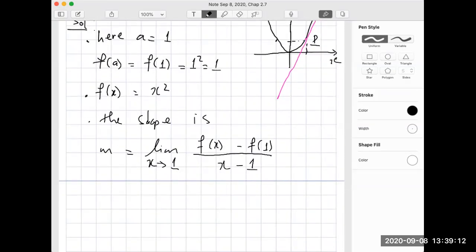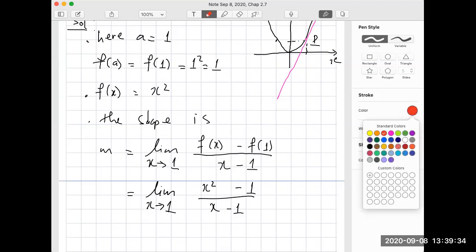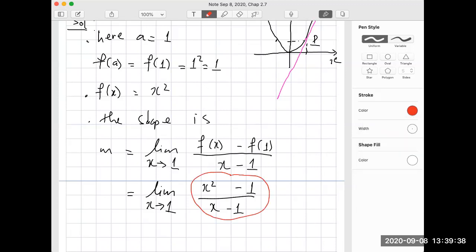Okay, from the definition, put everything into the formula. The limit when x approaches 1 of f of x, in this case, is x squared minus 1 divided by x minus 1. Look at this. This is a rational function, and it is undefined at 1, right?